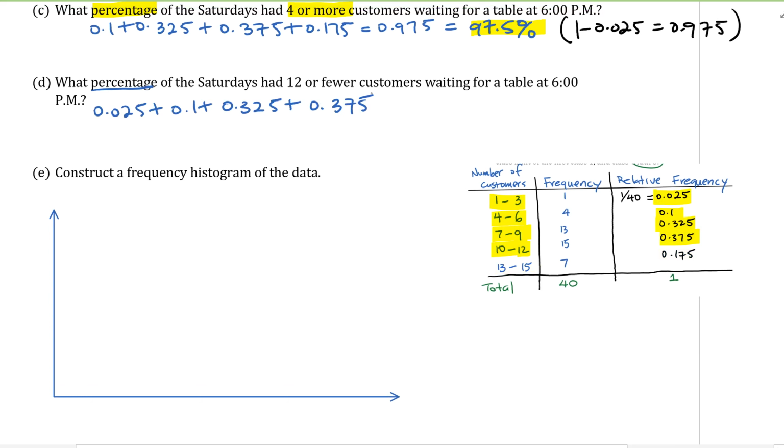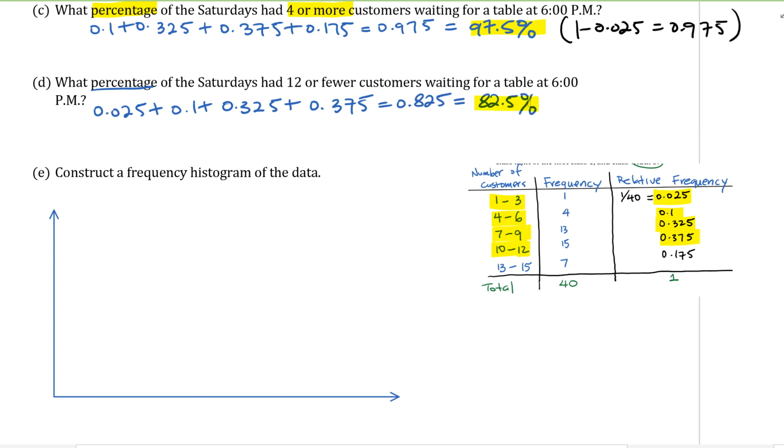And when I add all this together, you get 0.825. And convert it to a percentage by multiplying by 100, which is 82.5%. And that will be my final answer.